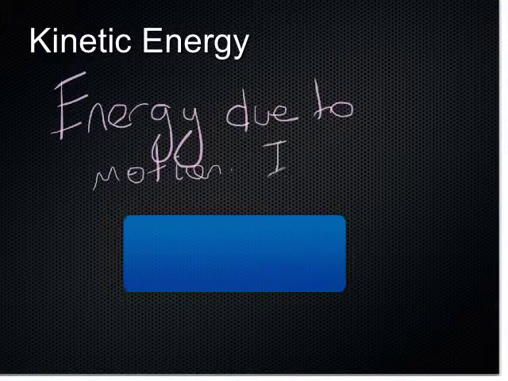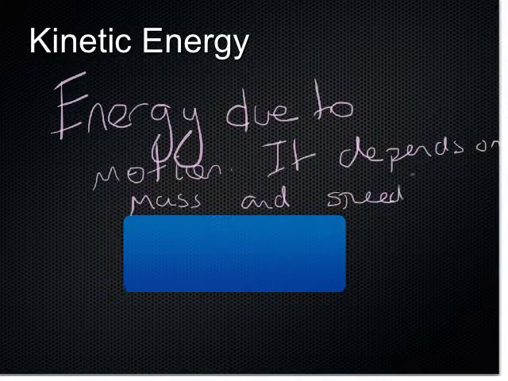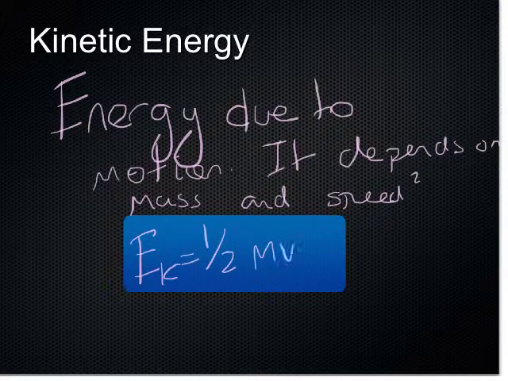It depends on mass and speed squared. The formula for it: EK equals half mv squared.